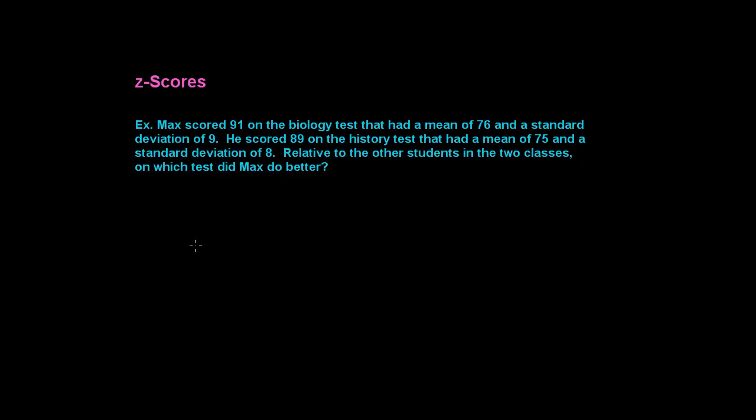Now clearly his score was higher on the biology test. He made a 91 versus an 89, but the tests were of different difficulty. The population of students might have been different. So on which test did he do relatively better than the other students in the class? So that means we want to compare his score to the mean, which represents the other students in the class, and divide by the number of standard deviations.